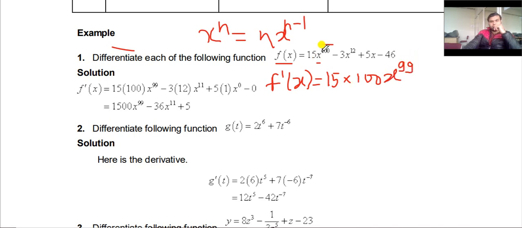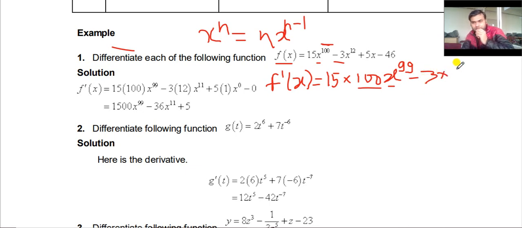So the simple thing is that the power that you have given in the x to the power, you have to write this in front and then write the x and reduce the power by 1. 100 minus 1, that is 99. Okay, then we have to write this minus 3. So we write this minus 3 x to the power 12.